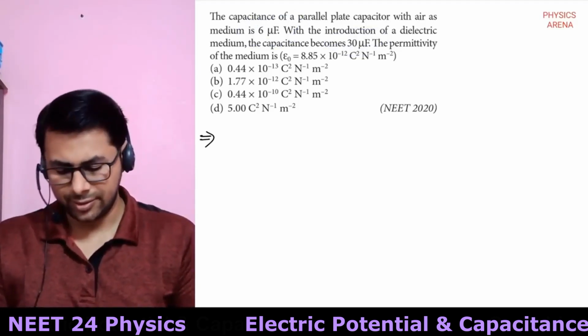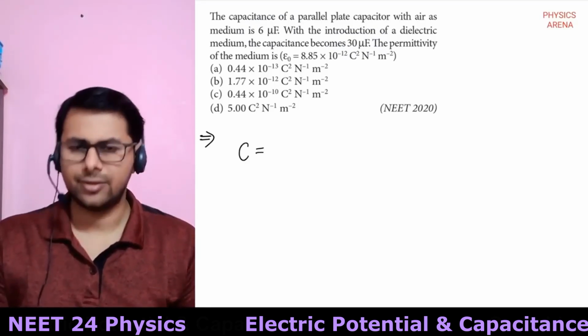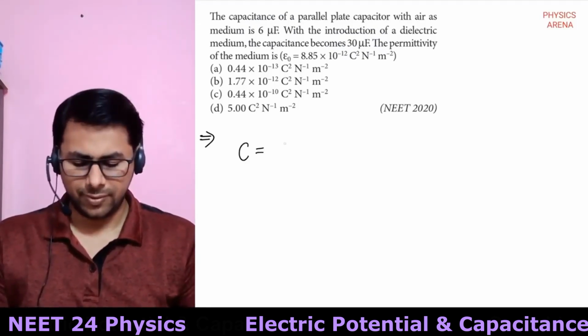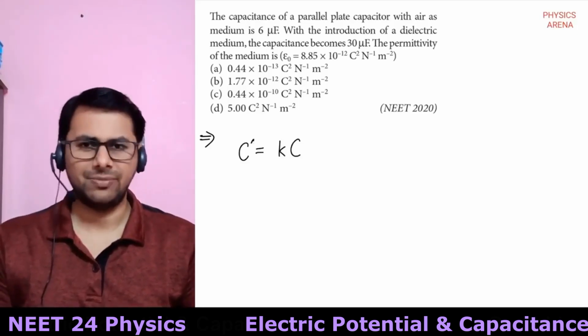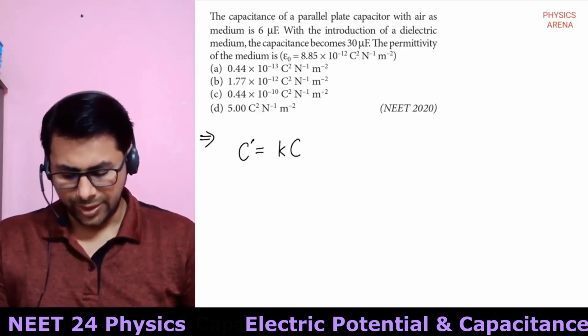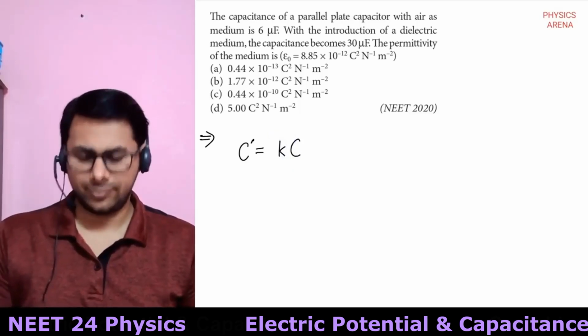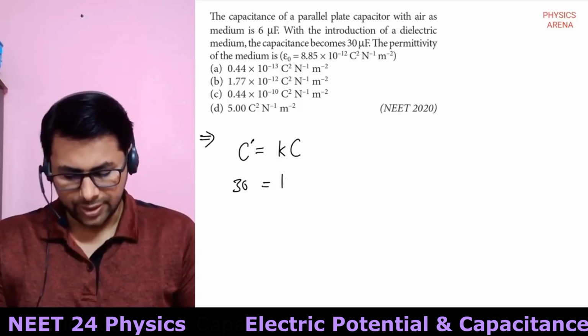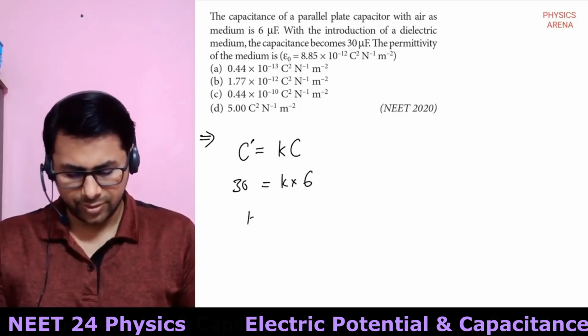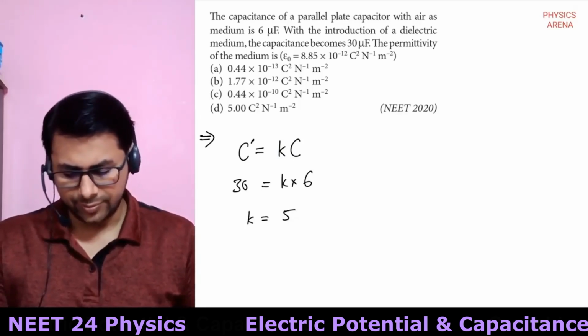What is that relation? C' is K times C, right? So you can find the dielectric constant from here. 30 microfarad is equal to K times 6, so K is equal to 5.